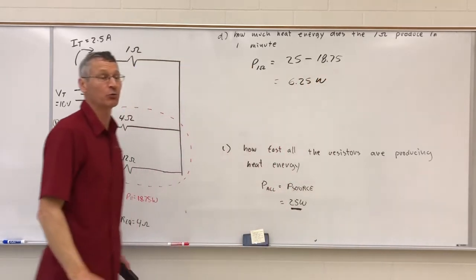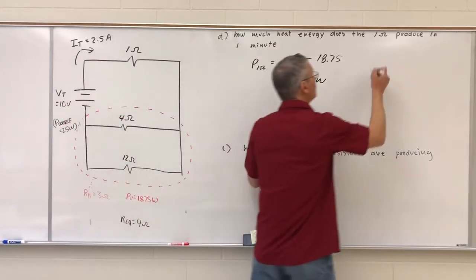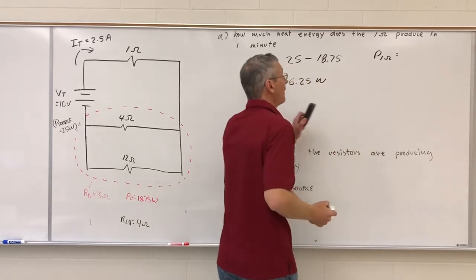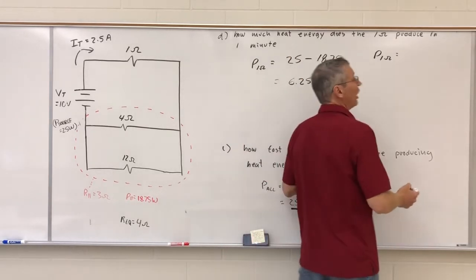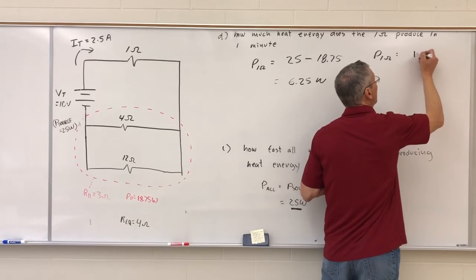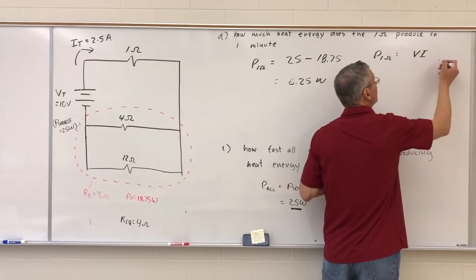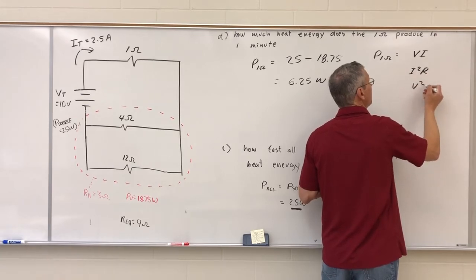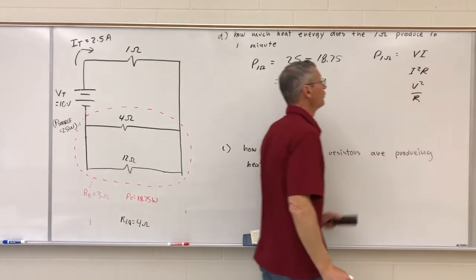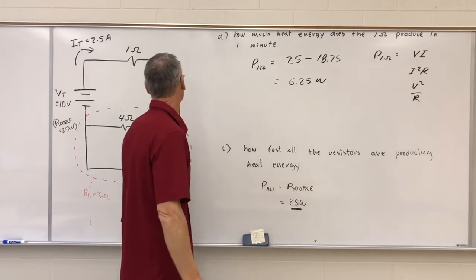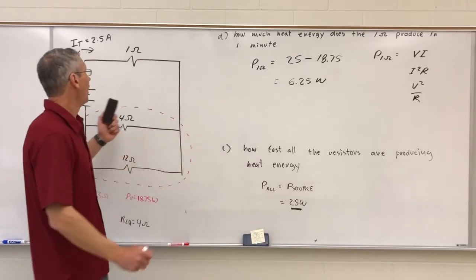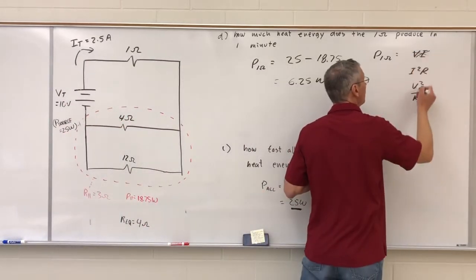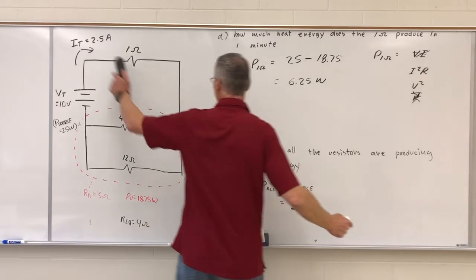And if you want to check your work, how about this? The power of the 1 ohm resistor, how can we figure that out another way? We could use this equation. Which equation would be easiest? Well, I don't know the voltage across this 1 ohmer, so those two are out. I do know the current through it, it's 2.5.